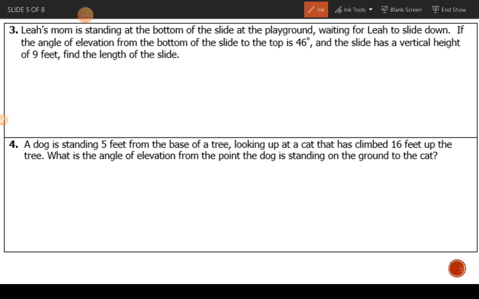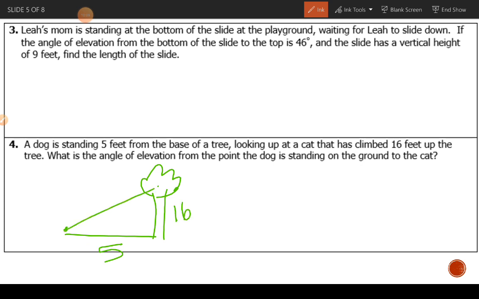So let's just go ahead and look here. So we have a dog that's standing 5 feet away from a tree. So we have a dog here, and we have a tree here, okay, and it's standing 5 feet away. All right, looking up at a cat that is 16 feet above the tree.